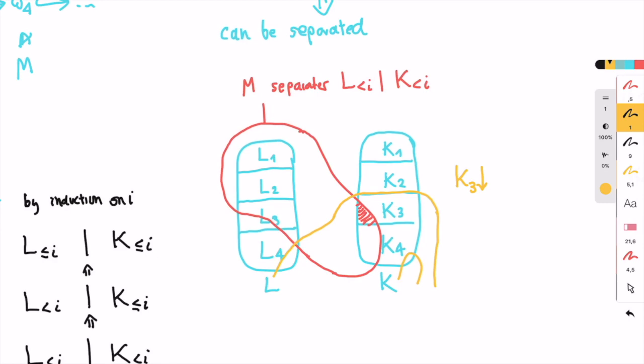So now we can see that if we take M minus this thing, then it's a separator. Why? Oh, I should have called it using this notation. This is Ki. Same here.